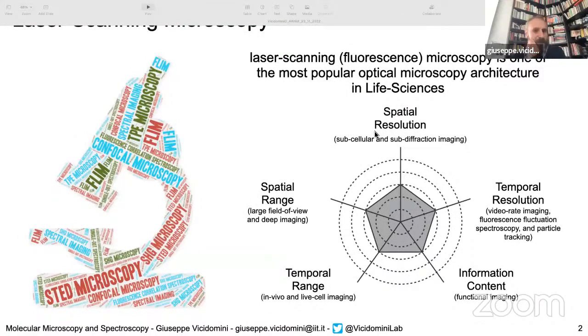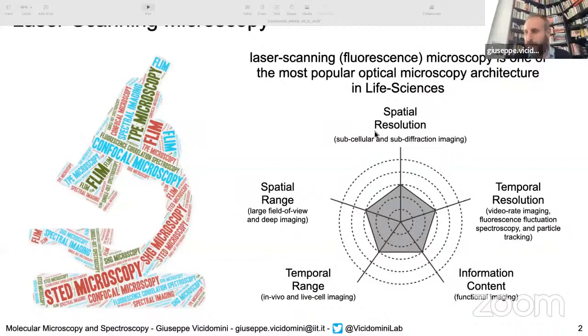Laser scanning microscopy is probably one of the most used microscopy architectures in life science, together with wide field microscopy. The reason for that success is not only because it can be combined with fluorescence, thereby giving your analysis molecular specificity and sensitivity, but also because it can combine with many other advanced microscopy techniques. I'm talking, for example, about confocal microscopy.